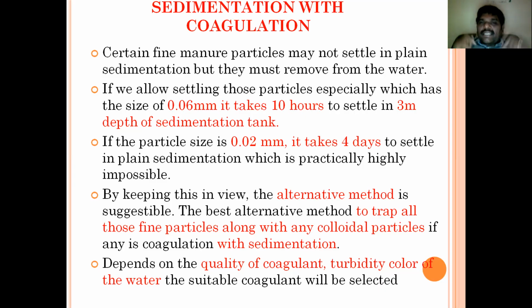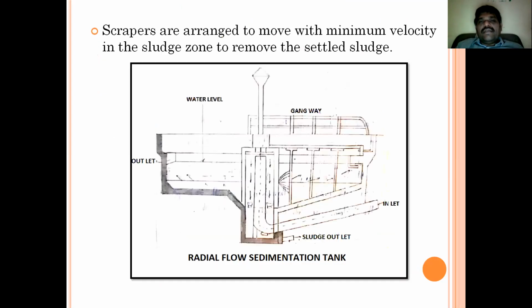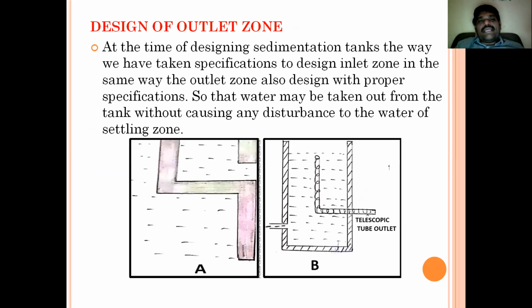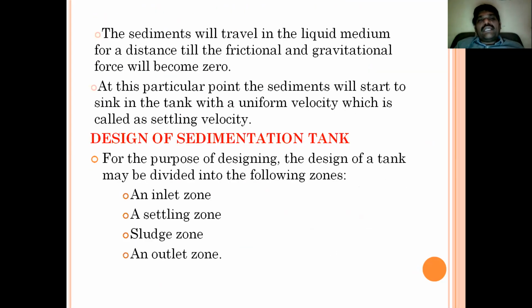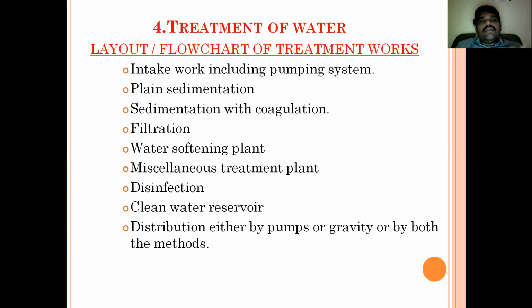In plain sedimentation, we may not remove all the particles. That is why we saw the flow chart of treatment works at the beginning. Plain sedimentation we have discussed. The next one is sedimentation with coagulation.